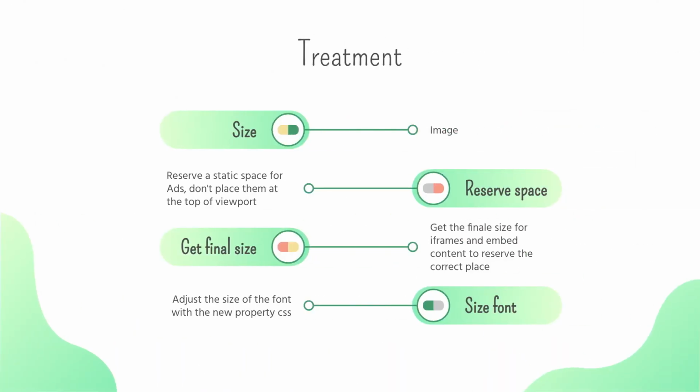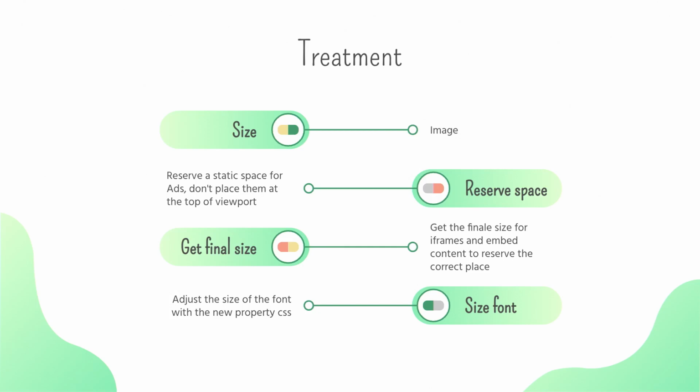So to solve this, please size your image. Give it the correct ratio. Now you have a beautiful property in CSS, since this is very new, which is aspect ratio. So use it. For ads, embeds, and iframes, reserve a static space.